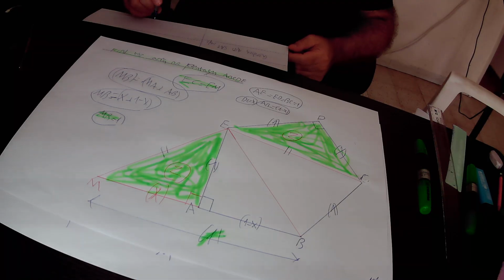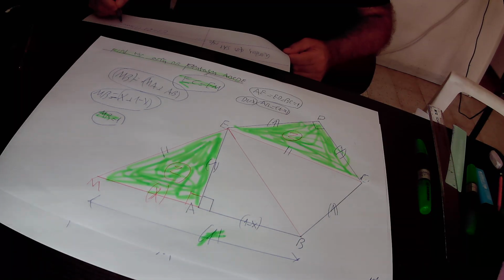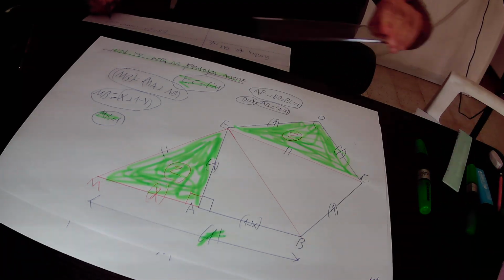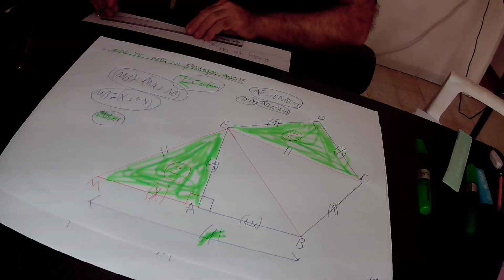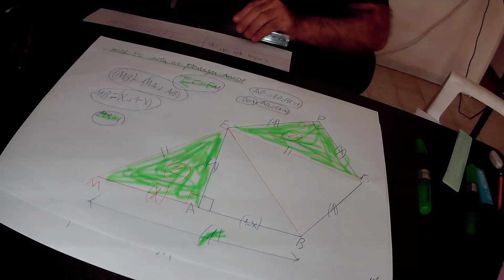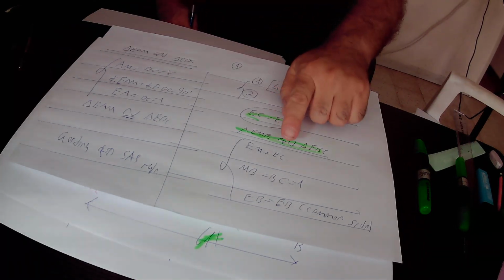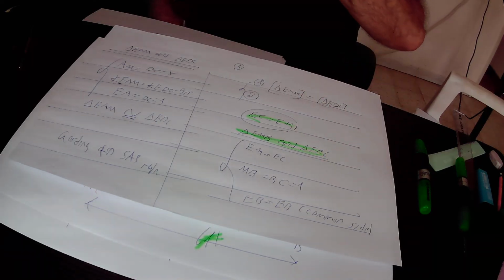So EB equals itself, a common side that belongs to both triangles.